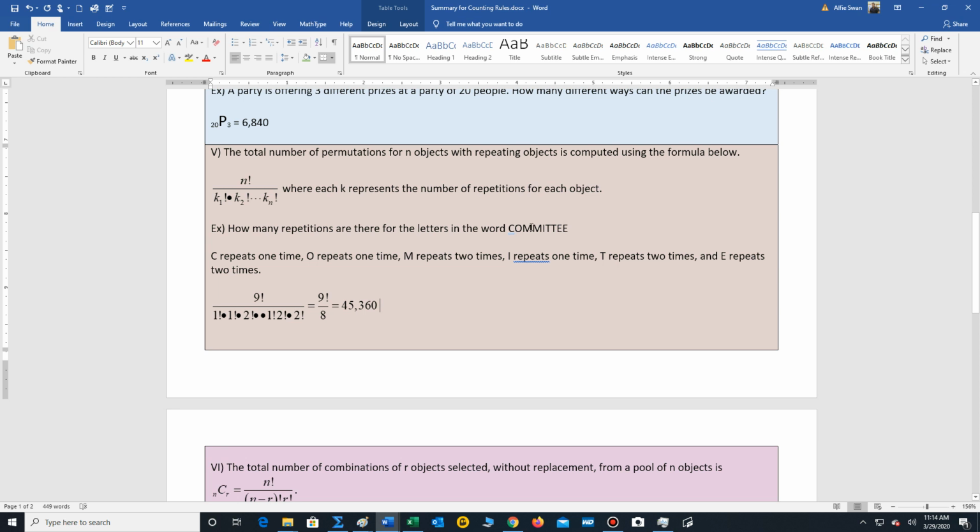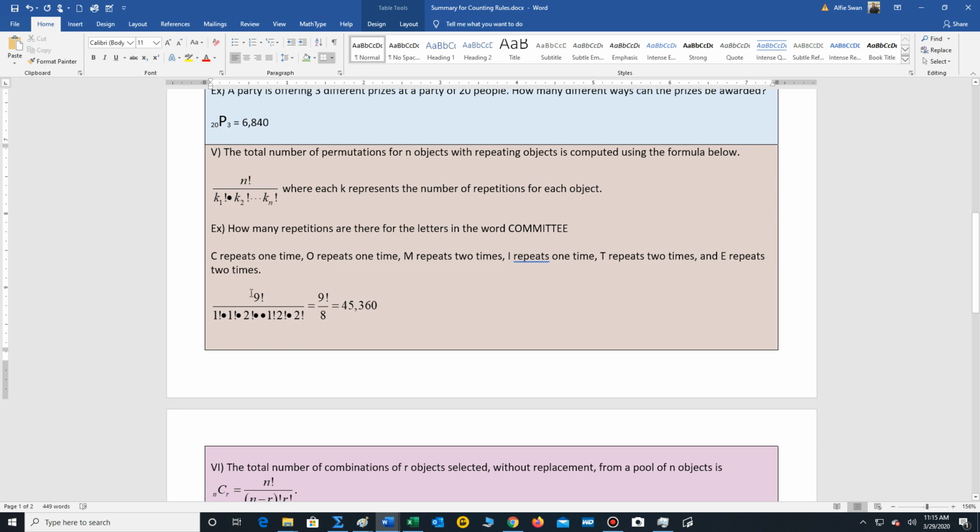If the letters were different, the answer would just be 9 factorial, but they're not. So we have to look at each letter and count all the repetitions. C repeats 1 time, O repeats 1 time, M repeats 2 times, I repeats 1 time, T repeats 2 times, E repeats 2 times.